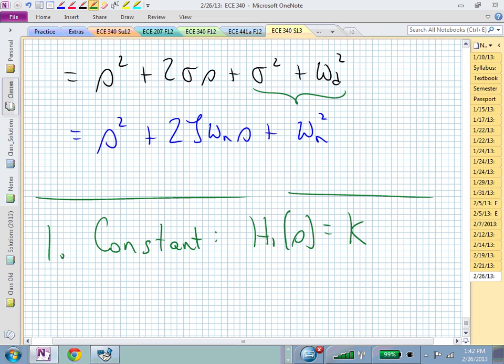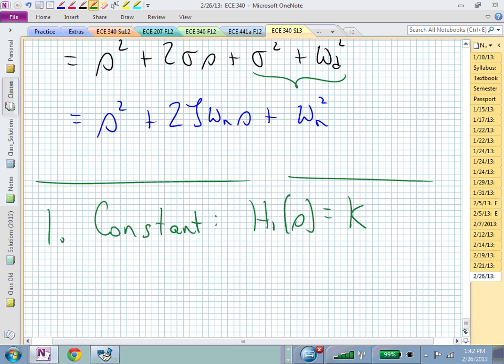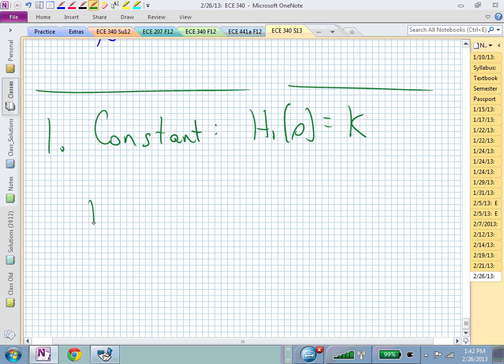Constant. Let's say our transfer function h sub 1 of s is k. What happens to that in terms of its frequency response? Let's walk along the imaginary axis. Let's replace s with j omega. That's just k still.